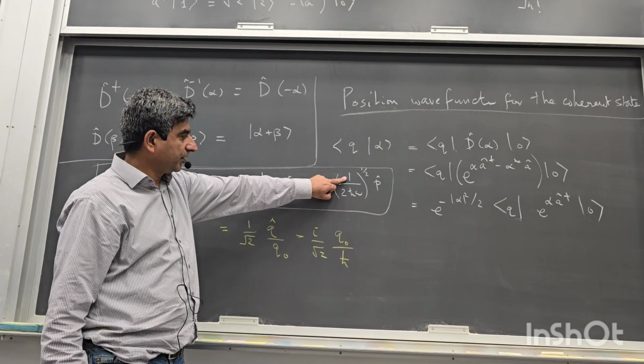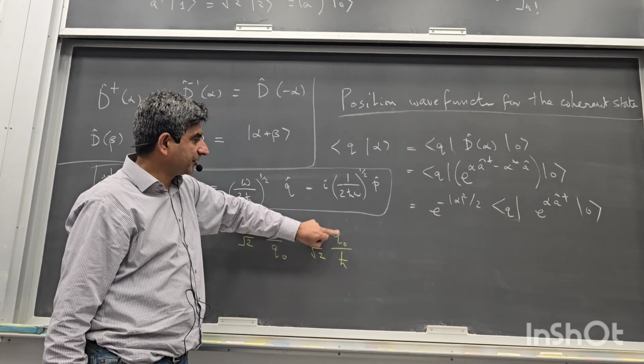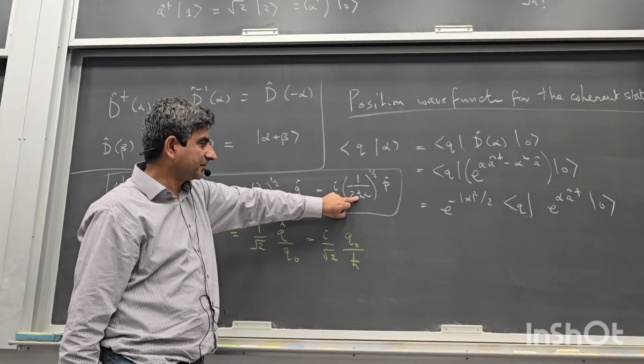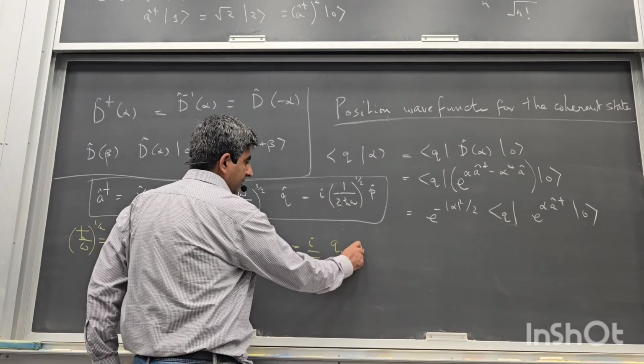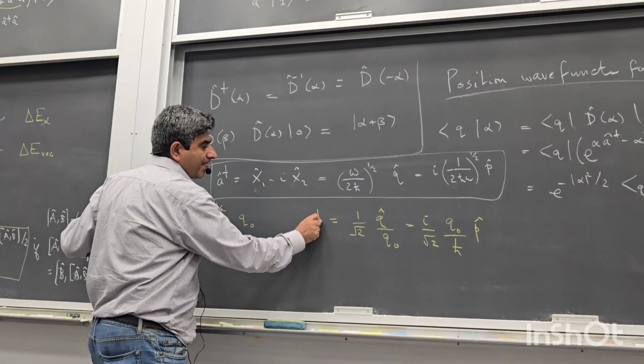I put in h bar here. That h bar over omega under root becomes a q naught, and I need to multiply with an h bar in the denominator, p. So this is my a† operator.